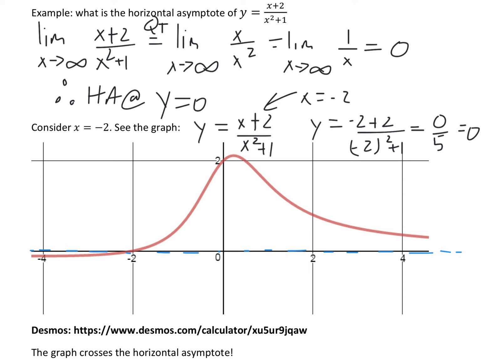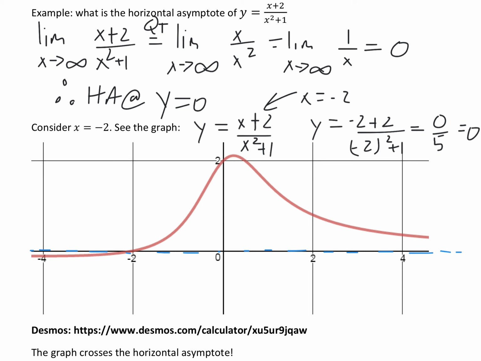And so it looks like the graph equals the asymptote. Is that possible? Well, indeed it is. The graph crosses the asymptote. It definitely crosses. It passes through that line.